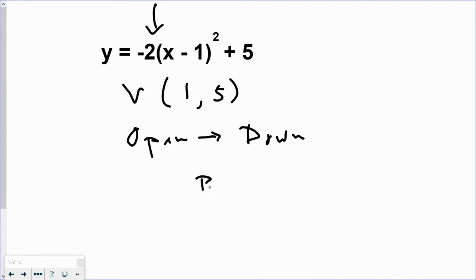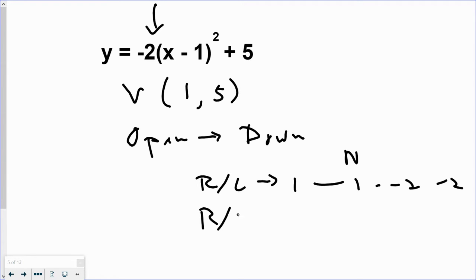Normally, I would go 1, but because this is stretched, I multiply that by -2, so this is -2. Then right and left 2: normally I would go 4, but I multiply that by -2, so I'm going down 8.